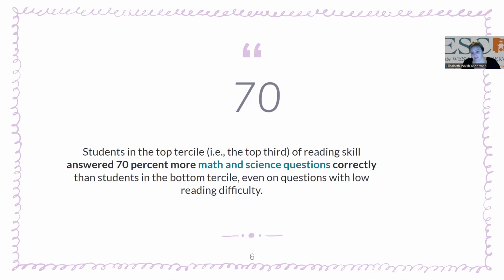all the content areas. Students who scored in the top tercile, the top third of reading achievement, also answered 70% more right answers in math and science questions. So what that tells us is skilled readers don't just mean that they're skilled.